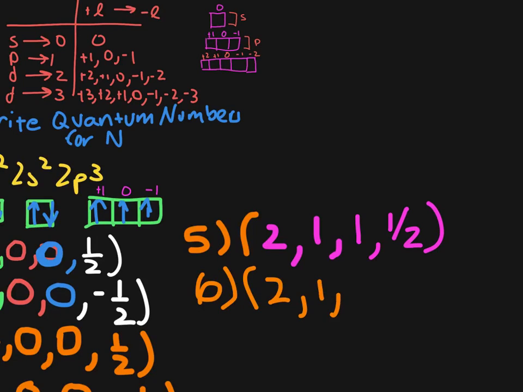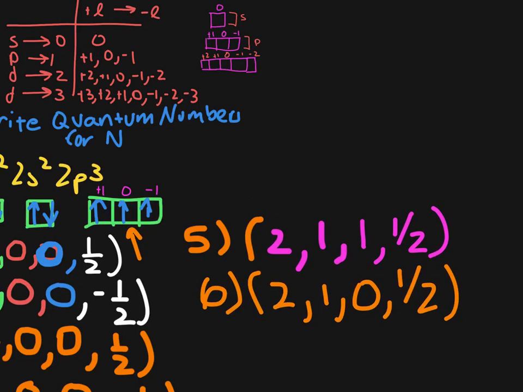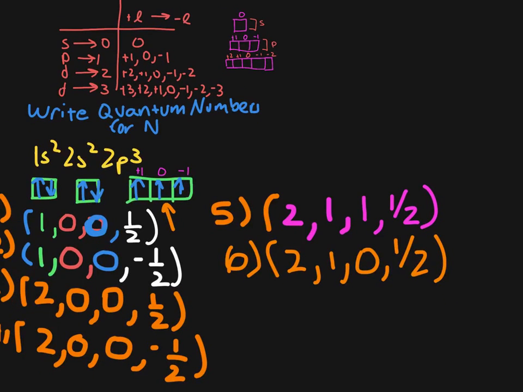It is a P. It's in our 0 spot because it's this electron here. And it's forward spinning, so it would be 1/2. And then finally, our last set is an energy level of 2. It's our p sublevel, and it's on our -1 spot. And it's a 1/2 positive spin.